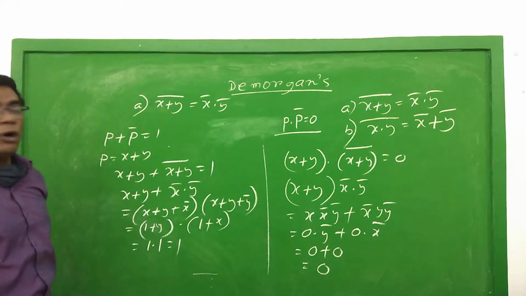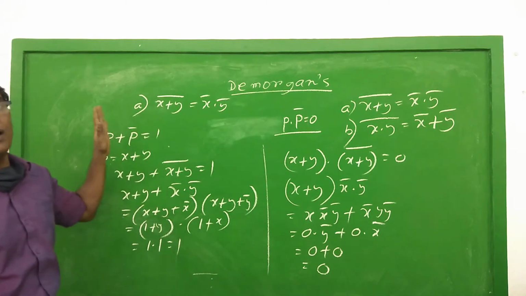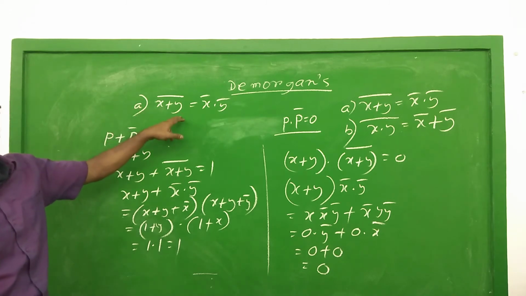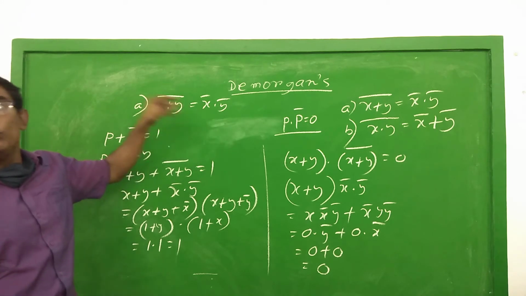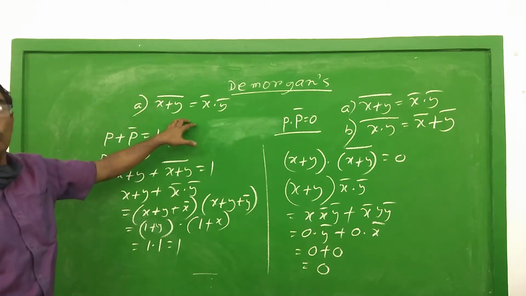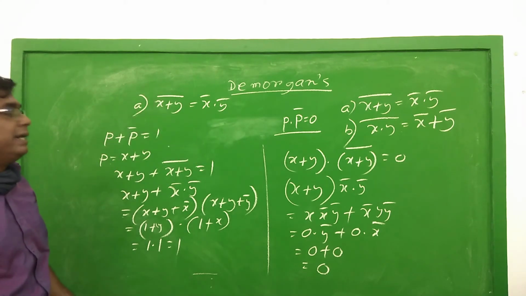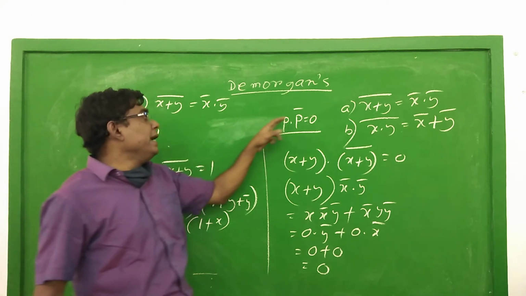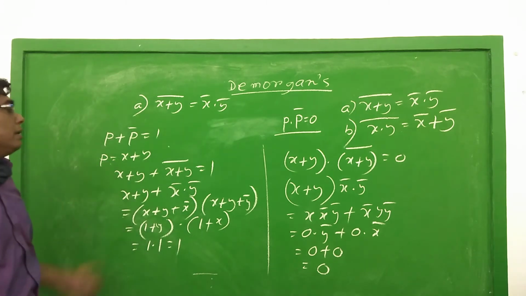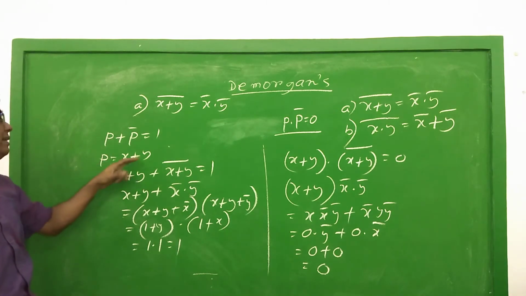Now we want to prove De Morgan's first law: x or y whole complement equal to x complement and y complement. If you want to prove De Morgan's law, we have to take the help of complementarity law: P or P complement equal to 1 and P and P complement equal to 0. Suppose the value of P is x or y.